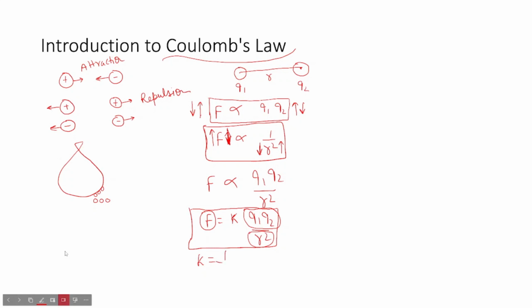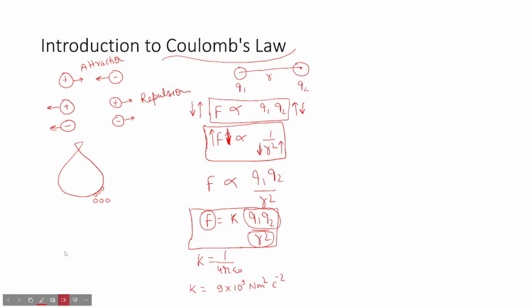K is also written as 1 by 4 pi epsilon naught. The value of K is equal to 9 into 10 to the power 9 Newton meter square per coulomb square.